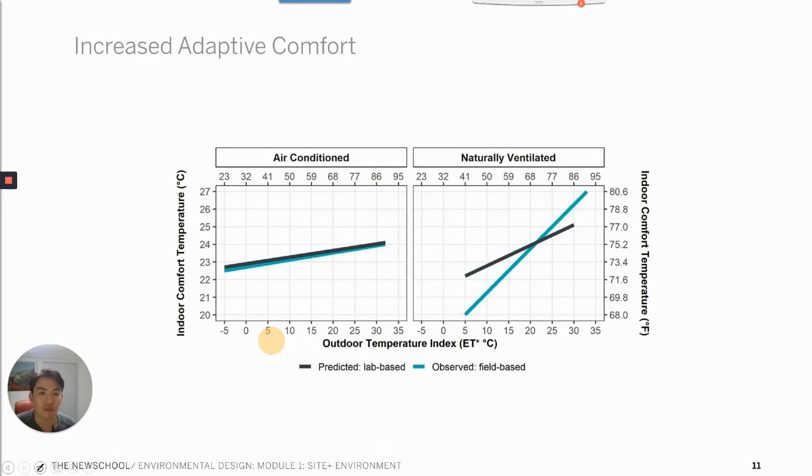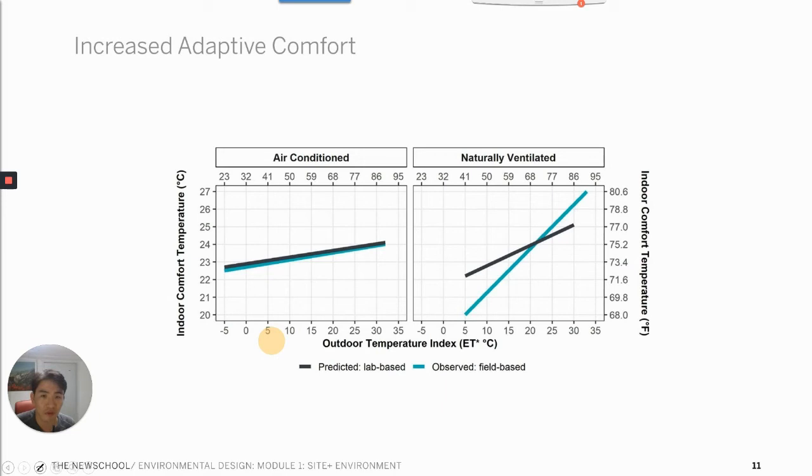Based on 22,000 sets of data collected in many different parts of the world, this research has come out. This shows clearly that the occupants of naturally ventilated buildings are much more tolerant of comfort ranges.